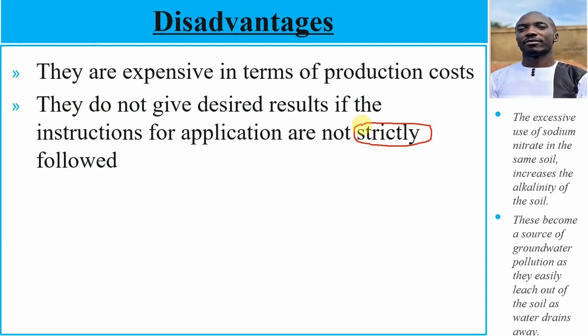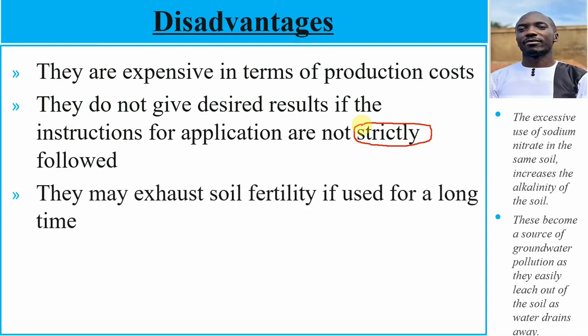So instructions must be followed. If they say use 20 mils, use 20 mils. If they say dissolve 20 grams in a 20-liter jelly can, please make sure you do that. Don't divert from the instructions.